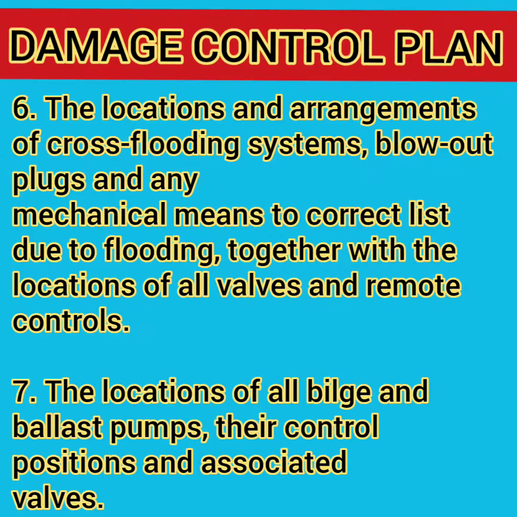Now, points number 6 and 7 are basically talking about what to do. You have all this information about the bulkheads and doors. What is the action you're going to take? First, if there is a system like cross flooding or similar system like blowout plugs on board, what is the location and how to operate all those valves, etc., should be provided.